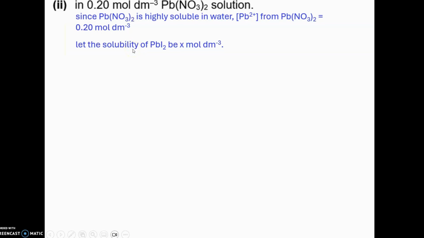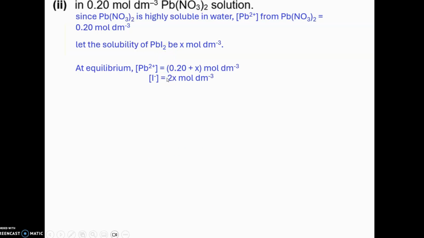So letting the solubility of PbI2 be x mole per dm cube, at equilibrium, the concentration of Pb2+ in this solution, which contains PbI2 and Pb(NO3)2, is 0.20 + x, because there are two sources that contribute to the Pb2+, which is 0.2 mole per dm cube from the lead-2 nitrate and x from the PbI2.